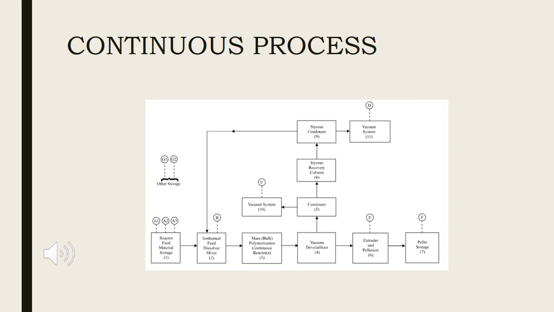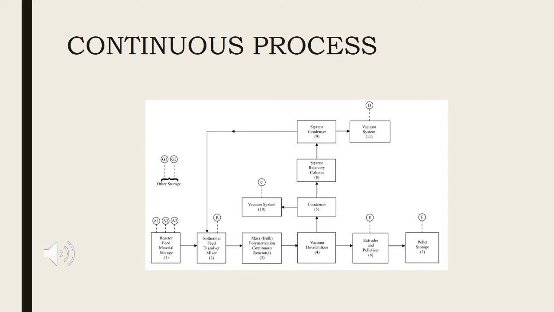Some polymerization occurs in the initial reactor, often referred to as pre-polymerizer. Polymerization to successively higher levels occurs in subsequent reactors. These reactors attached in series are either stirred autoclaves or tower reactors.